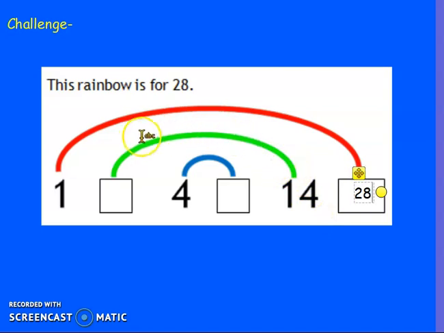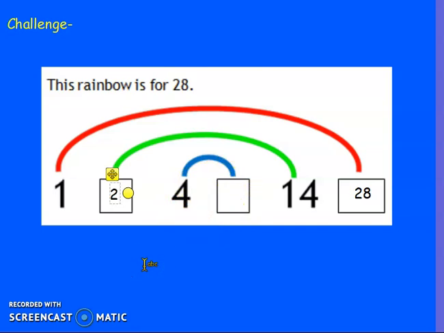Something times 14 equals 28. What's the relationship between the number 14 and 28? That's right, 14 is half of 28. So it must be 14 multiplied by 2 to double it to get 28. What do we times 4 by to get 28?